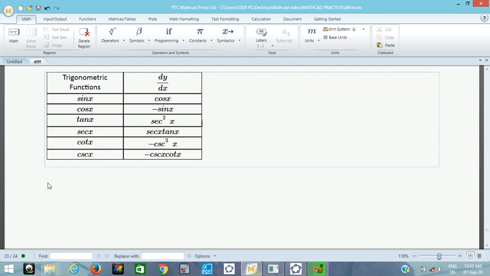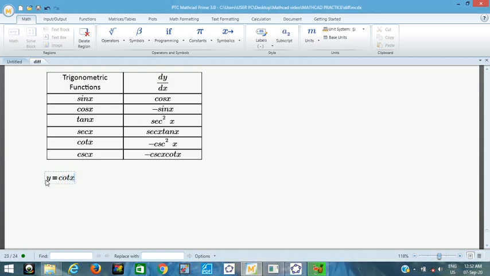So if I start with cot, let's say you have y equals cot x. So don't forget the ratio. Cot x is the same thing as cos x divided by sine x.